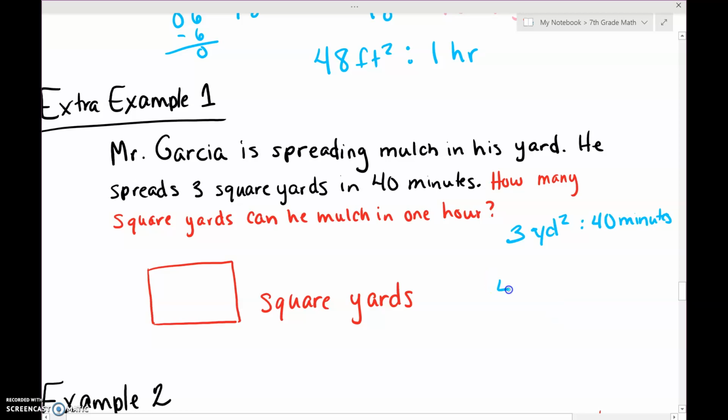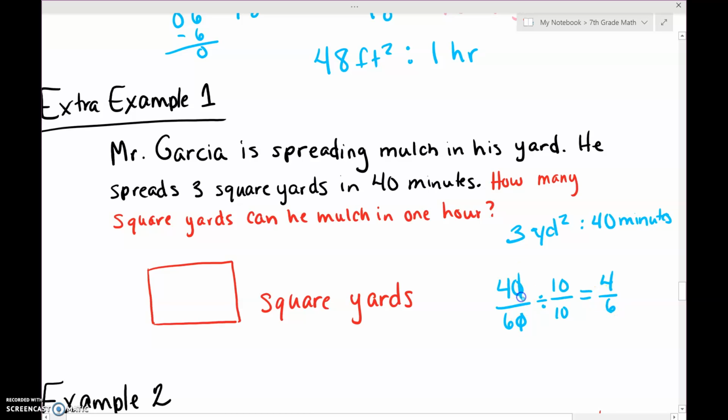We start with 40 minutes over 60 minutes for an hour. If I divide the top and the bottom by 10, 40 divided by 10 is 4. 60 divided by 10 is 6. We're just taking those groups of 10s out.